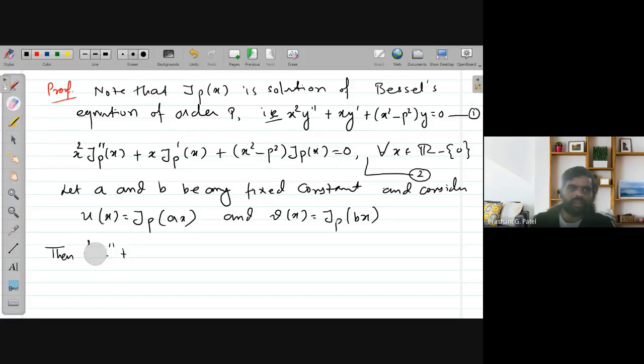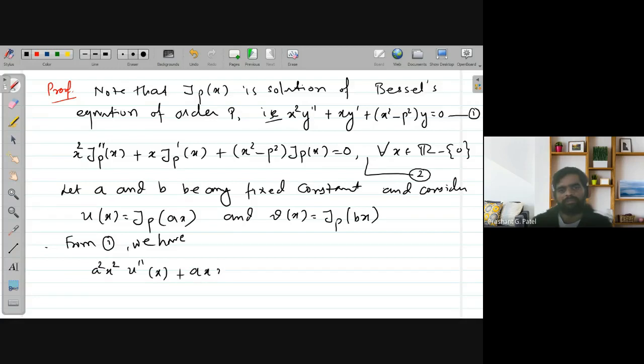So from equation 1, with u double dash in place of y double dash, we have a square x square u double dash of x plus ax u dash of x plus (a square x square minus p square) u of x equal to 0.